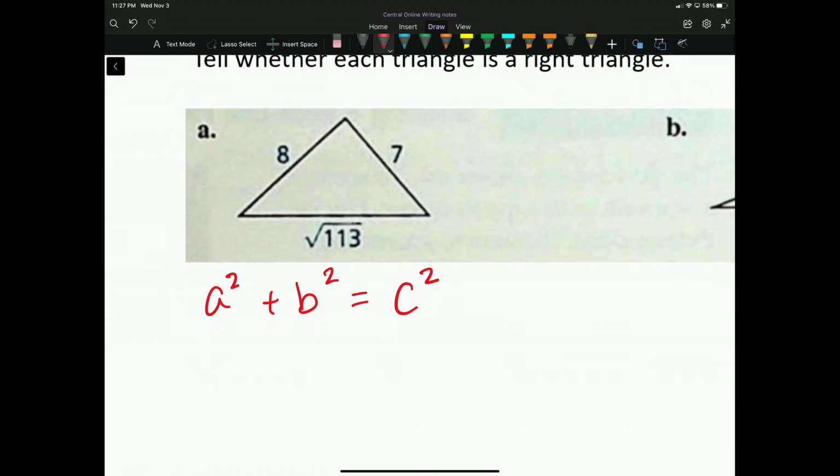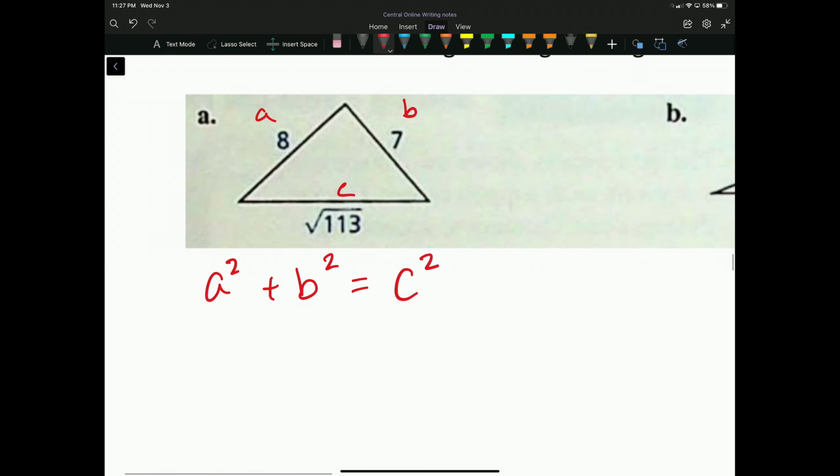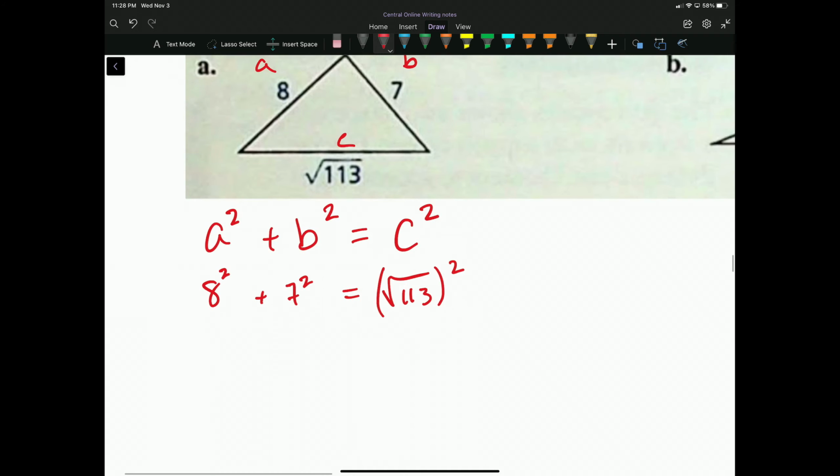All right, so I'm going to say, hey, this is my longest side. This is a, b, and c. So let's plug this in. So we have 8 squared plus 7 squared equals the square root of 113 squared, right? Well, we know what 8 squared is.